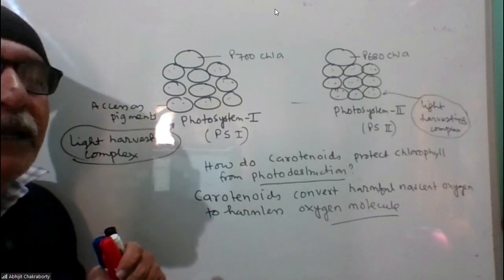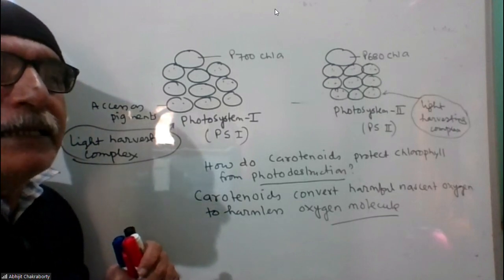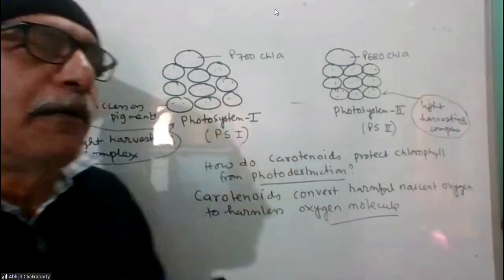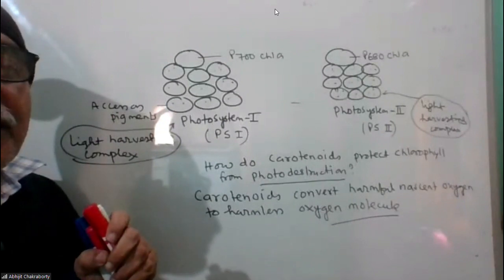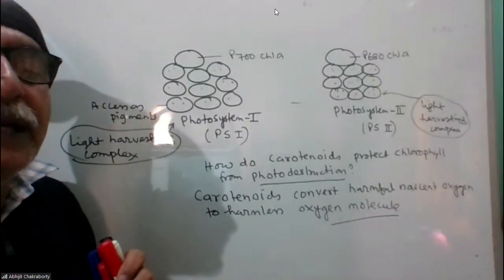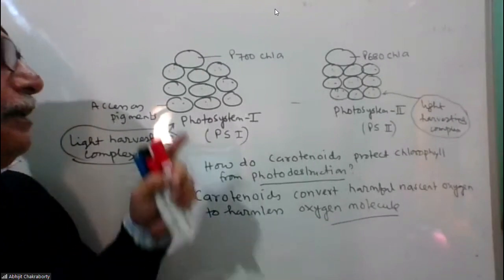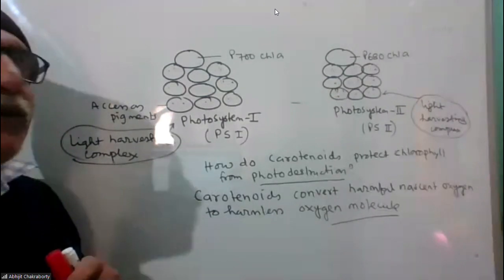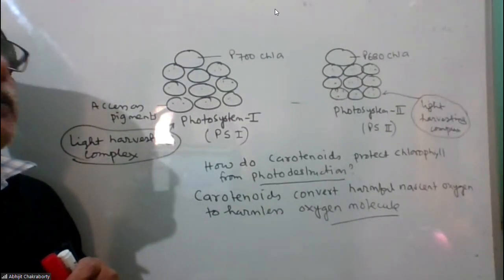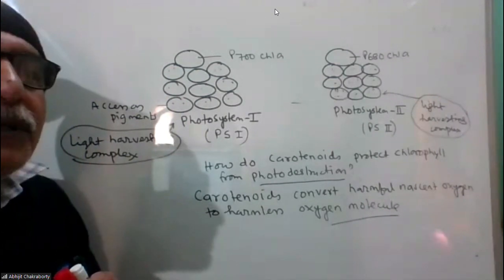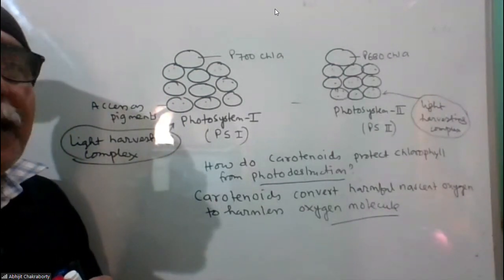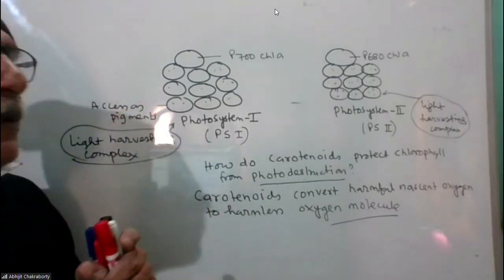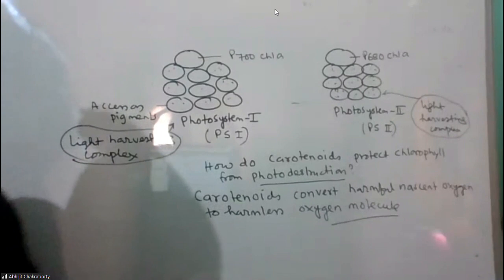Both these photosystems can absorb light energy simultaneously. It is not that P700 is to absorb light energy first and in the meantime P680 is to wait. No, both can absorb light energy simultaneously, but they have to follow different pathways. Is it clear to you all?